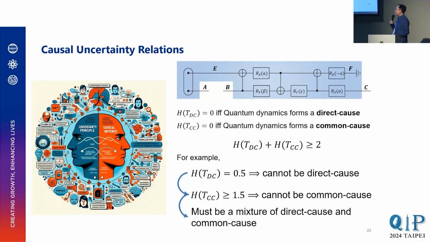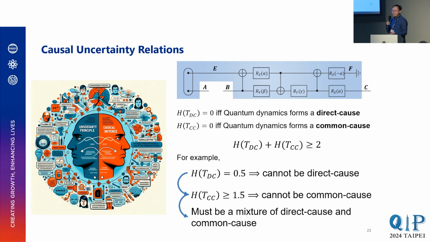Now let's figure out how to use uncertainty relation to do causal inference. Let's move on to this quantum circuit. We already know that HTDC is equal to 0 if and only if the quantum dynamic has a causality of direct cause. Similarly, HTCC is equal to 0 if and only if the quantum dynamic shows a common cause. And here, our causal uncertainty relation becomes HTDC plus HTCC is never smaller than 2, and 2 is a non-trivial bound.